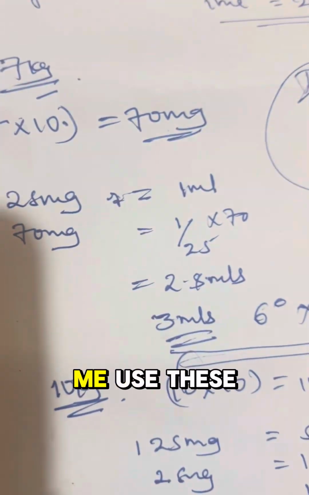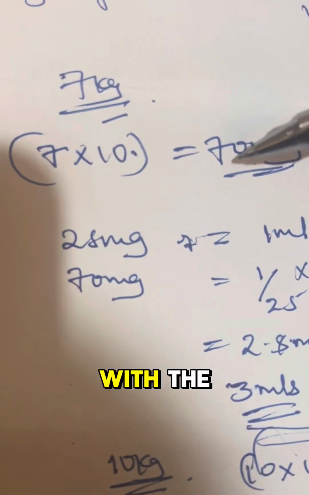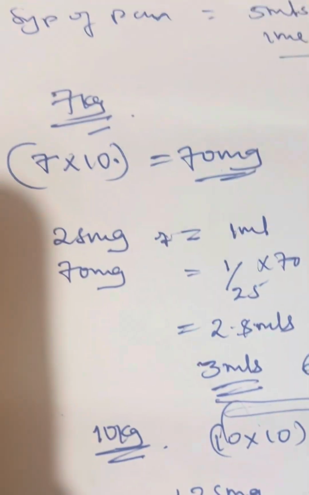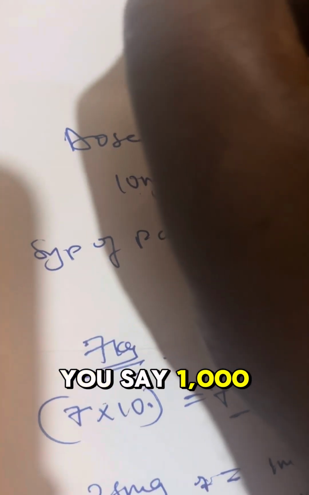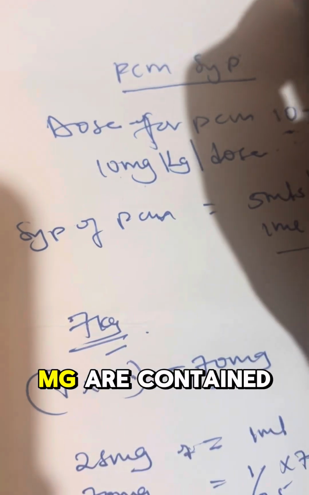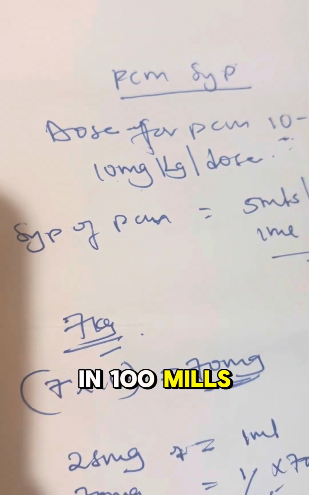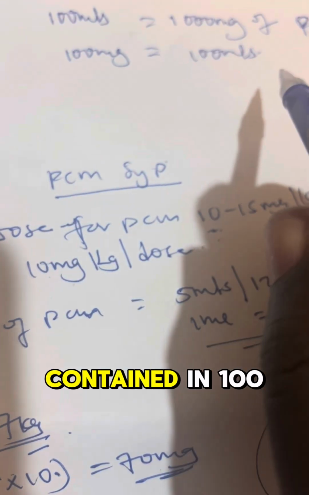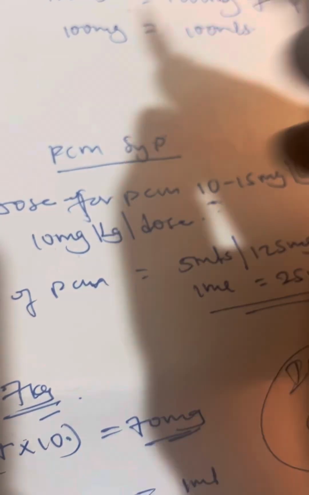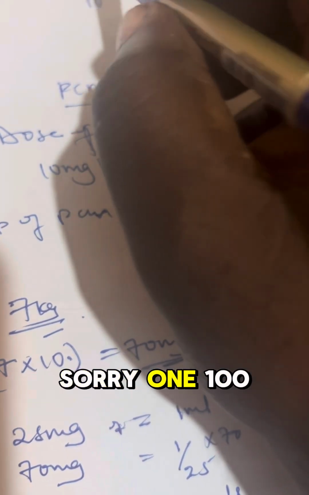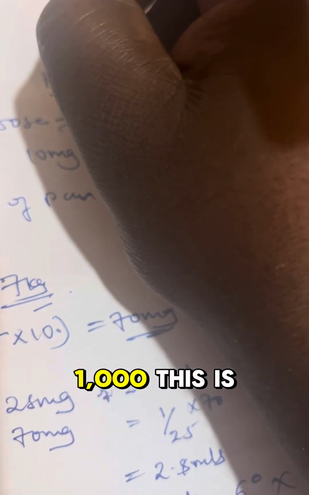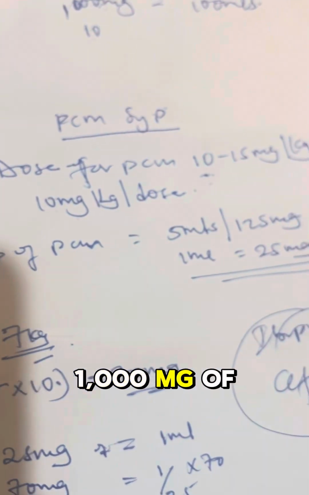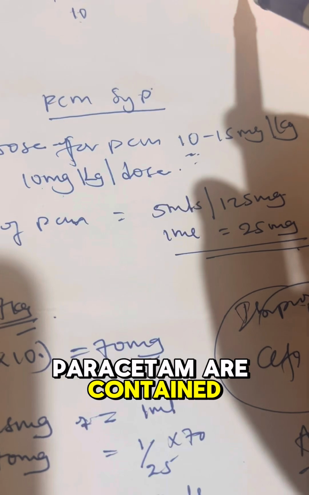So now let me use these very examples. Let me begin with a kid of 10 kilograms. How many mils of paracetamol is supposed to get? The same thing. You say 1,000 milligrams are contained in 100 mils. What about now the 100 milligrams?